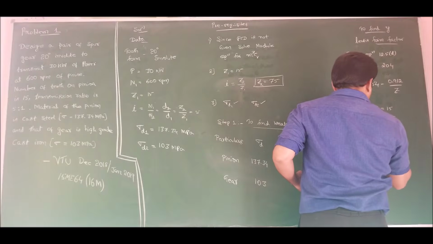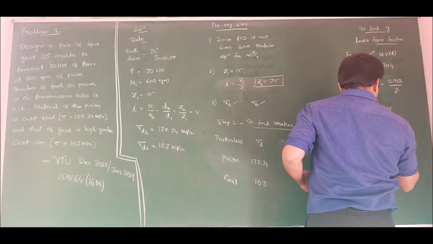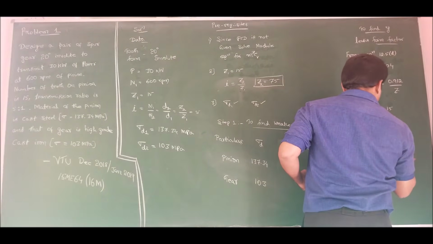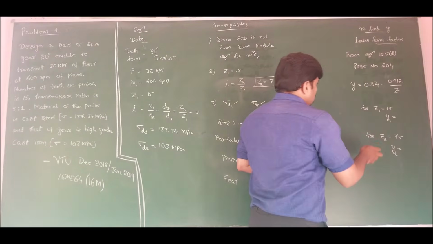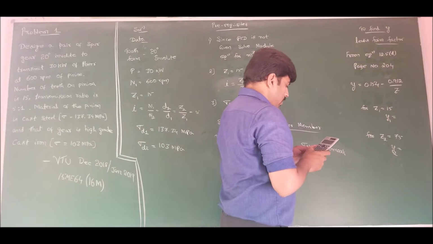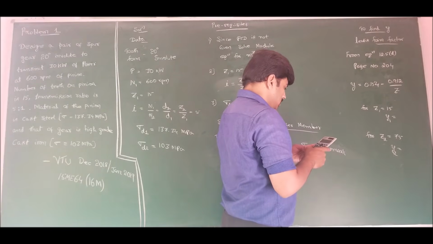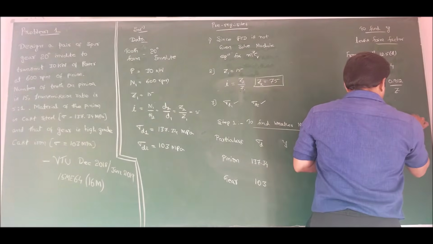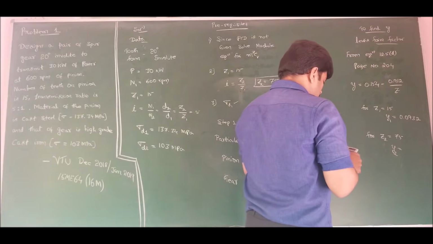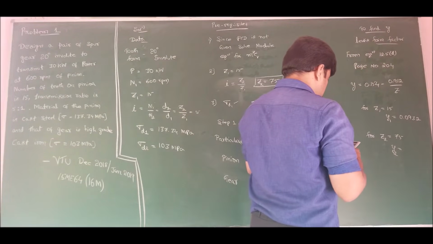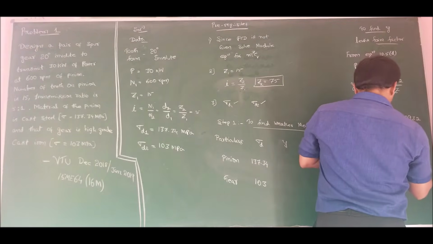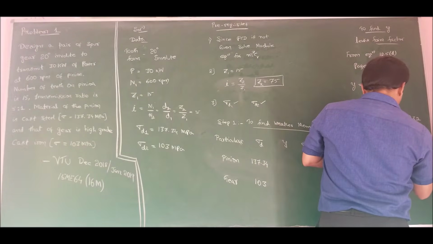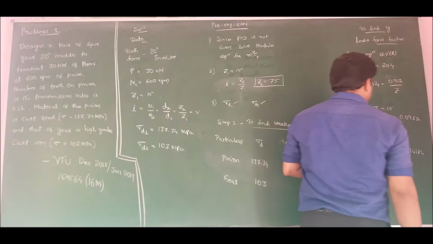for z2 equal to 75, y2 will be, substituting into this equation, 0.154 minus 0.912 divided by 15 will yield 0.0932, whereas for 75 teeth for gear we get 0.14184.